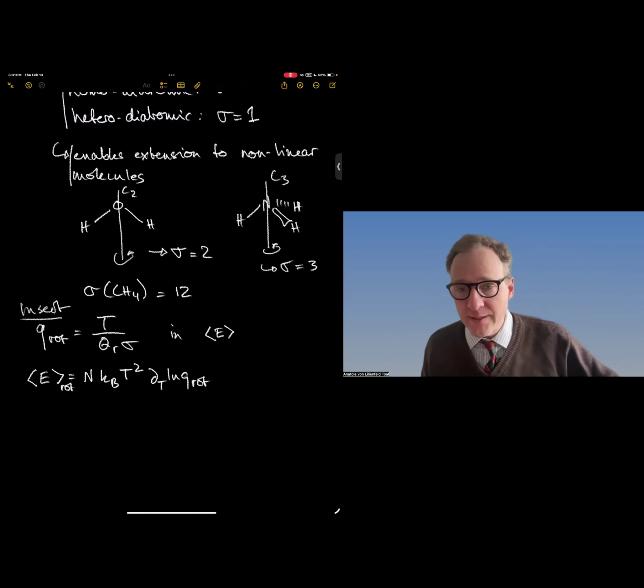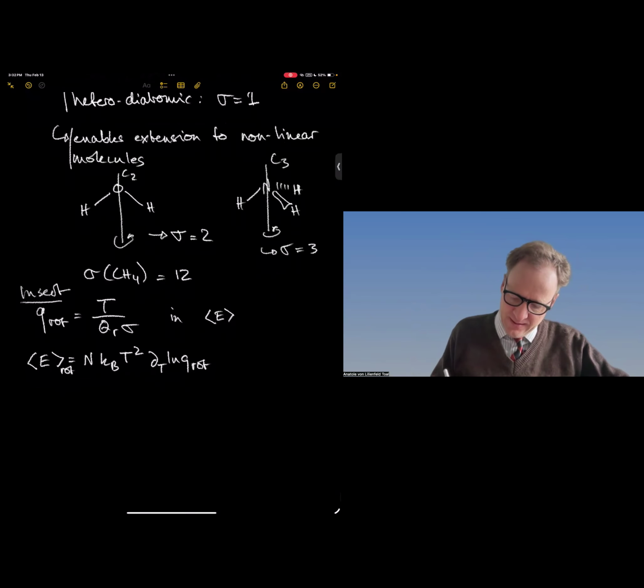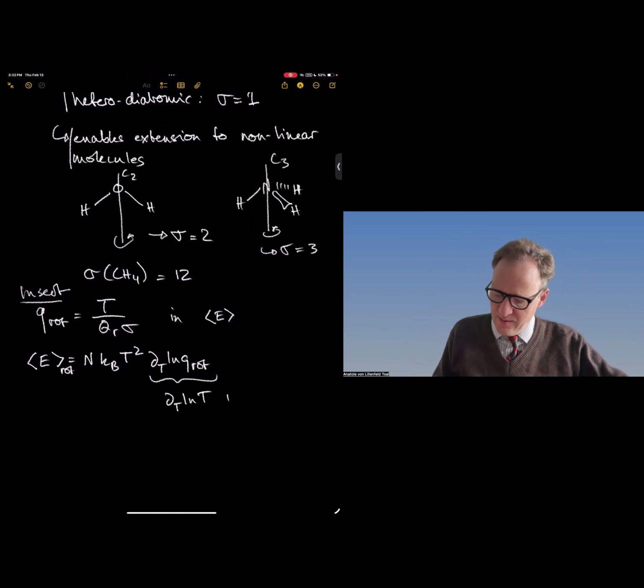Now, since q rot is simply T divided by something, we can separate that out in the logarithm. So then this becomes d/dT logarithm T plus T-independent terms.